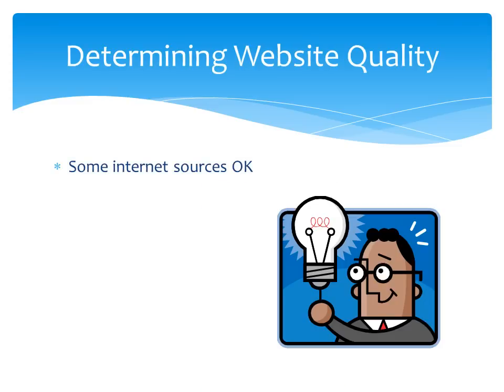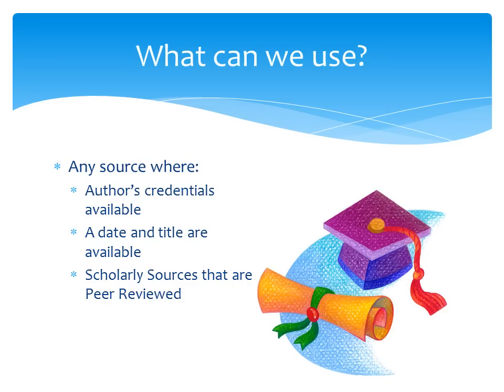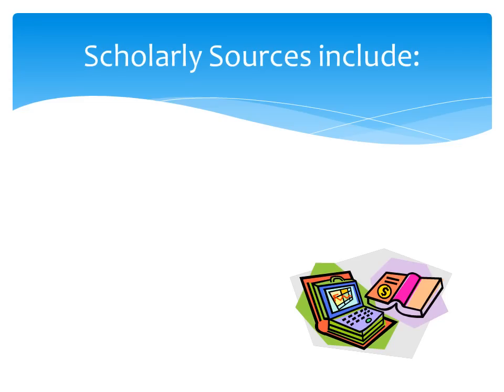Now, it's important to note that some internet sources are okay. You should apply the criteria of credibility, objectivity, currency, and relevance. Use good judgment. So what can you use? Any source where the author's credentials are available, where a date and title are available, or scholarly sources that are peer-reviewed.